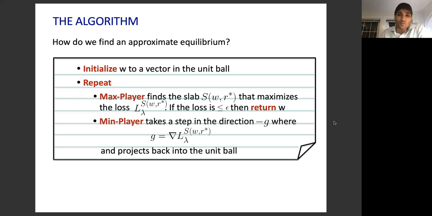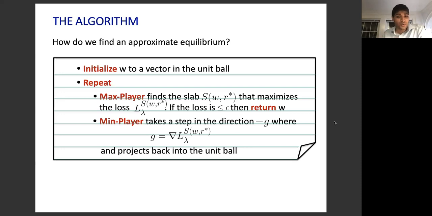But the key question is, what happens when the max player finds a threshold R star, which defines a slab so that the loss is large, is very positive? Now convexity is going to come and save us, because I mentioned that this Leaky Relu loss, even when you restrict to a slab, is convex.